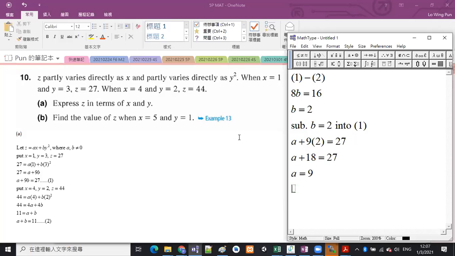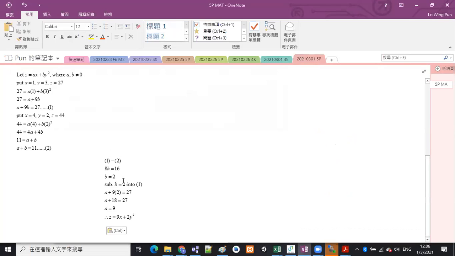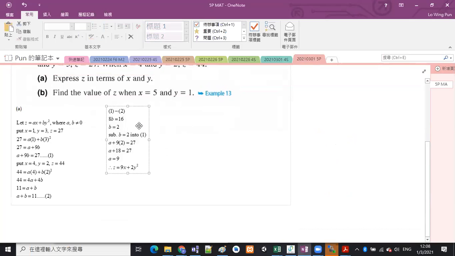Okay, so when we have found the two unknowns, we just write down the complete information of the equation. So that is z equals ax becomes 9x, and then plus by squared becomes 2y squared. Okay, and that is the answer of part A. Like this.